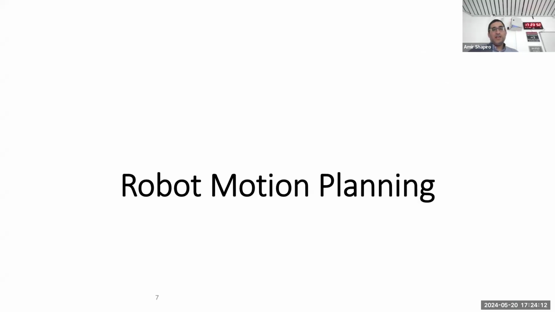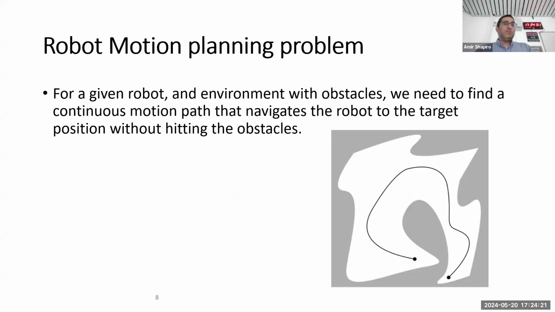So, the basics of robot motion planning: how to move from one point to another. The problem of robot motion planning is how to find a continuous path in an environment that has obstacles, where the robot can move from the start to the target position without hitting the obstacles.